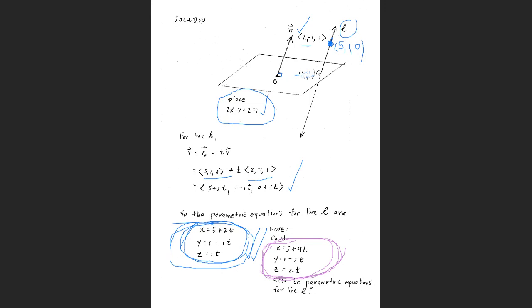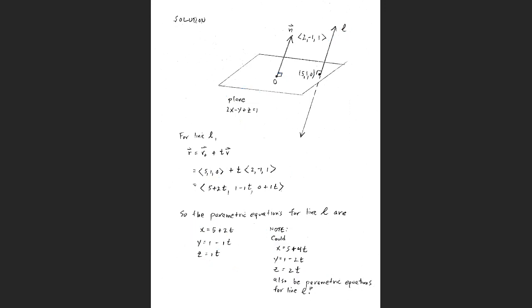Very good, Hyunyu. So the 2, the negative 1, and the 1 are what are called the direction numbers of your line. In the second set of parametric equations, 4, negative 2, and 2 are just multiples of 2. So the first and second parametric equations describe the same line.